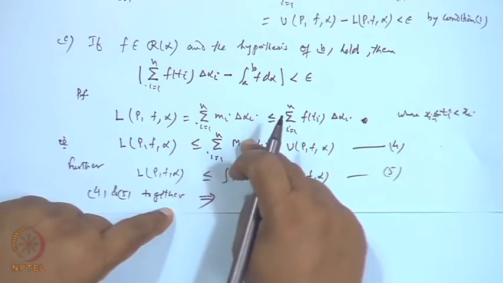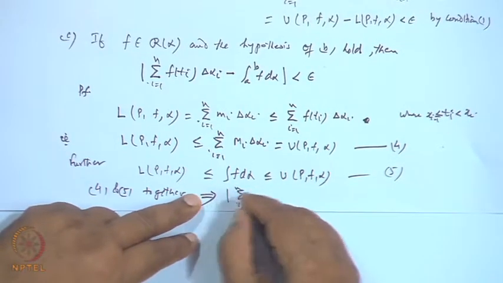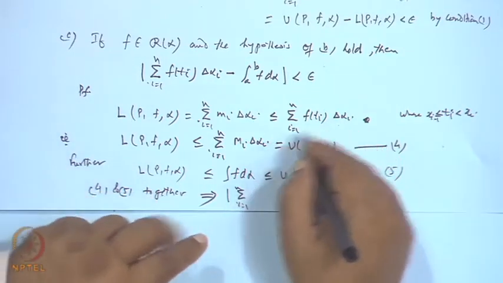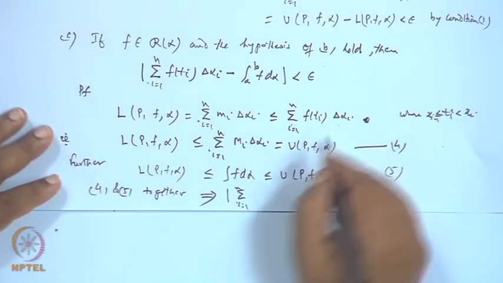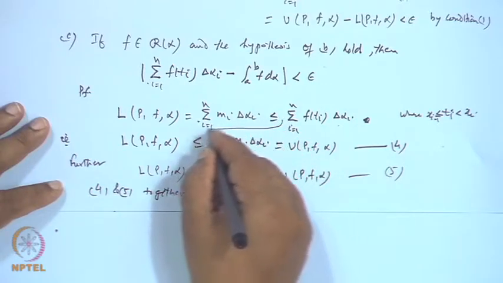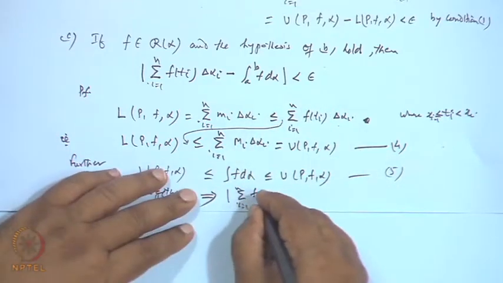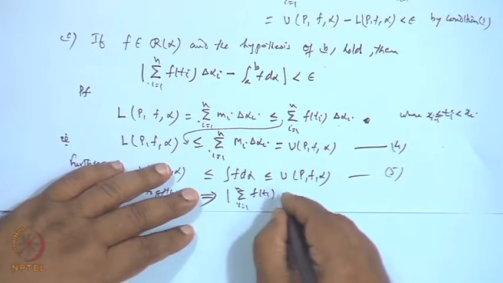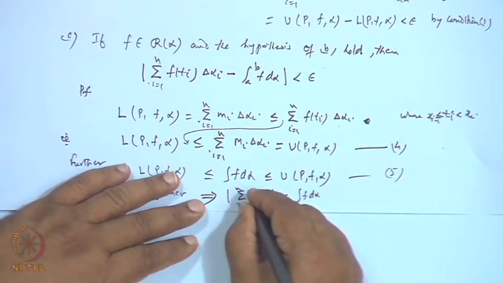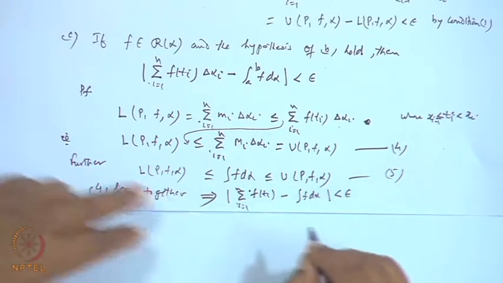So, the difference of this minus this is less than epsilon in absolute value, implying, i is 1 to n, then f(t_i) minus the integral of f d alpha, modulus of this, that is, sigma of this under the modulus, is less than epsilon.